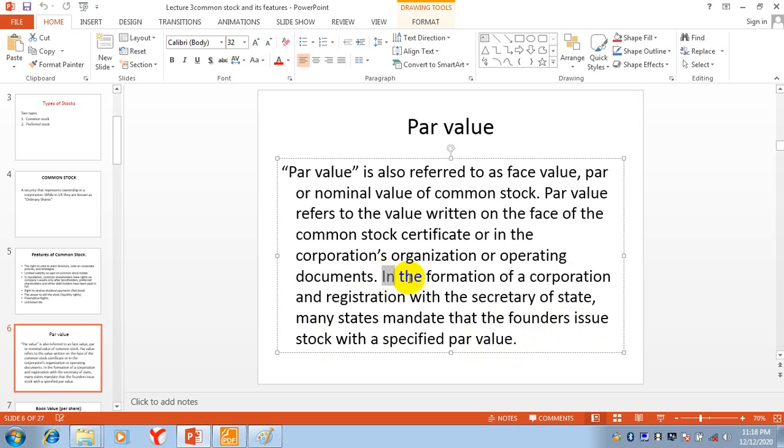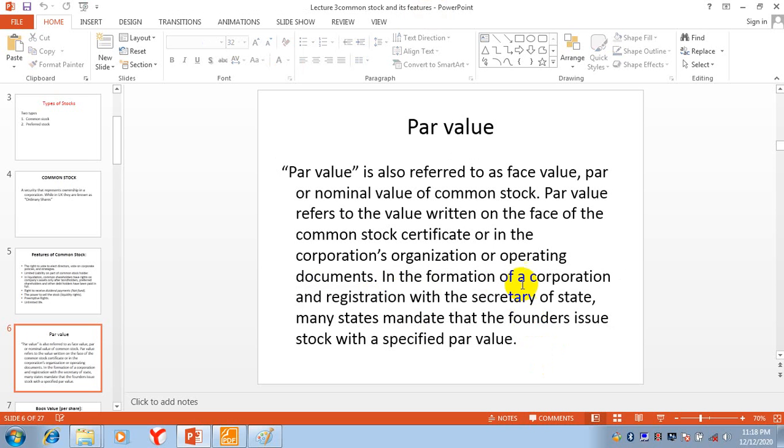Keep in mind, in the US, the majority of stocks have a face value. It is mandatory in different states when you are registering your company. So it is mandatory that you mention the face value on all these certificates.